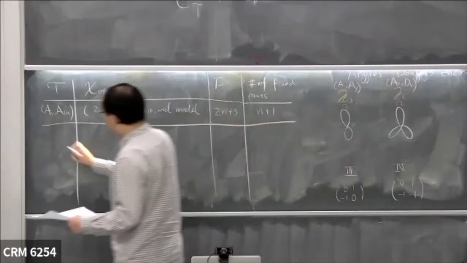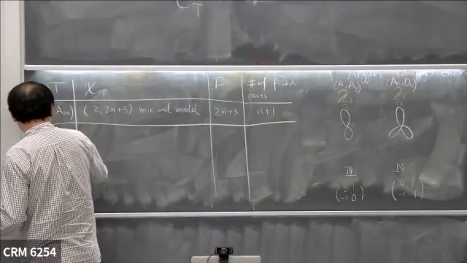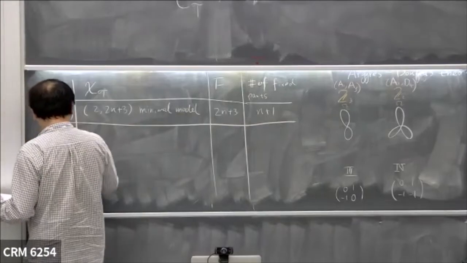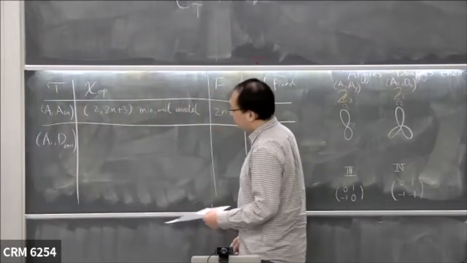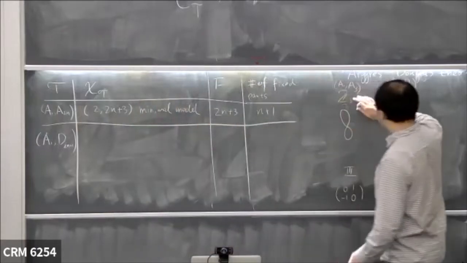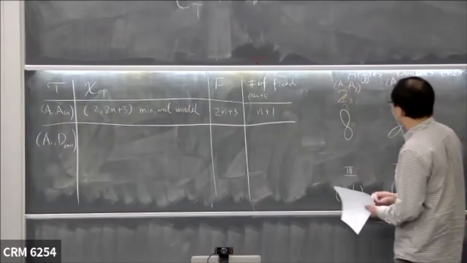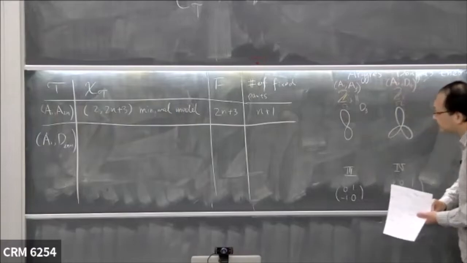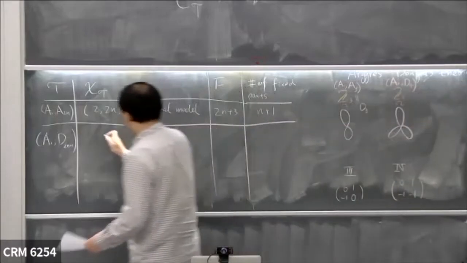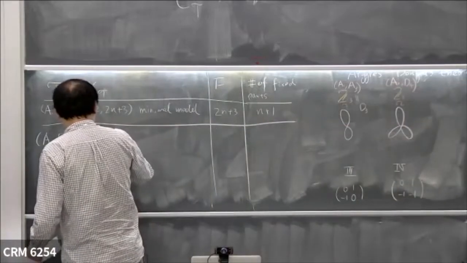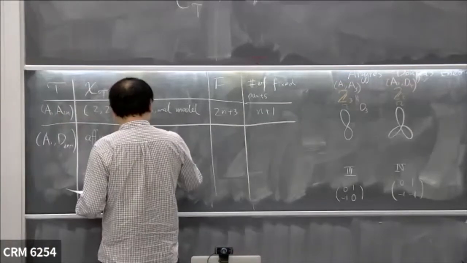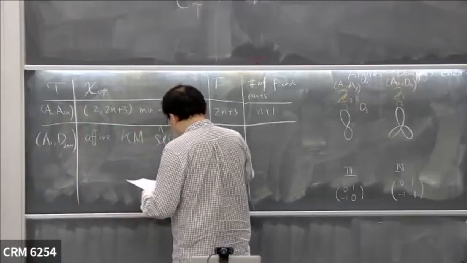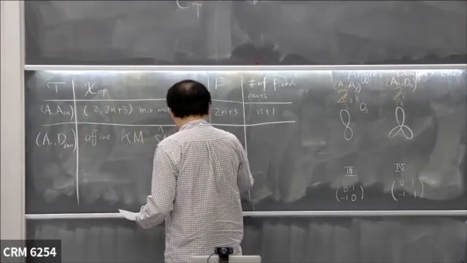Another class of theories is A1, A2n plus 1. So they actually generalize this family because A3 is B3 as well. For this family, you have the affine algebra SL2 at level -2 plus 2 over 2n plus 1.